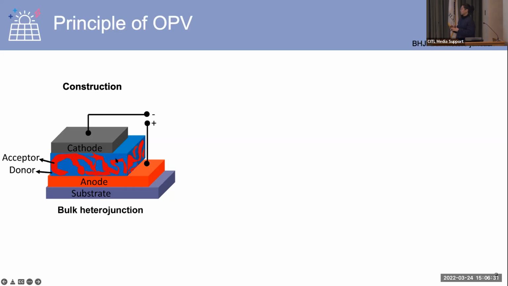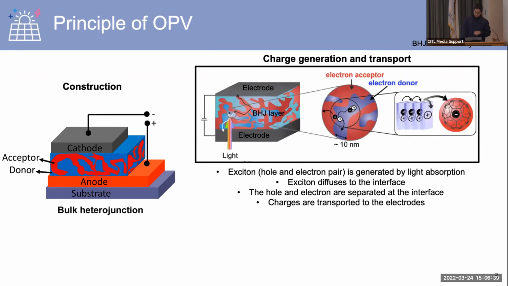It contains a phase separated acceptor and donor layer to increase the interfacial area. Increasing this interfacial area is very important because when the excitons are generated by the light source, they travel to this interface, and in this location the charges inside the excitons are separated.